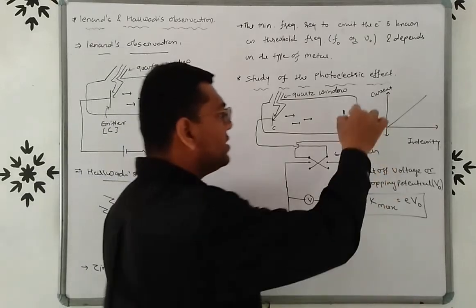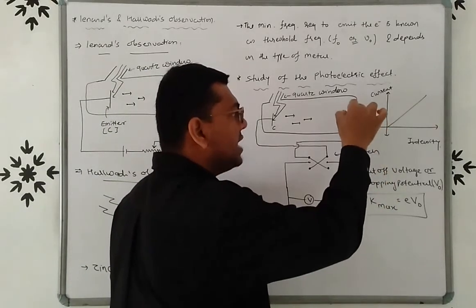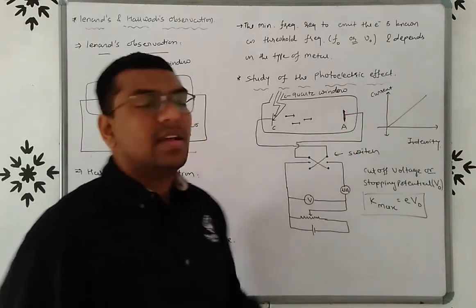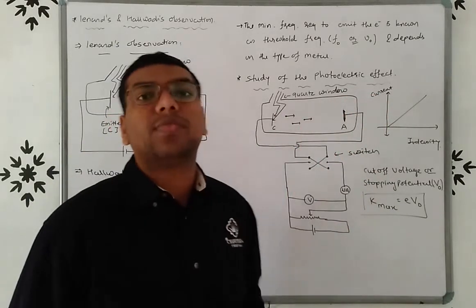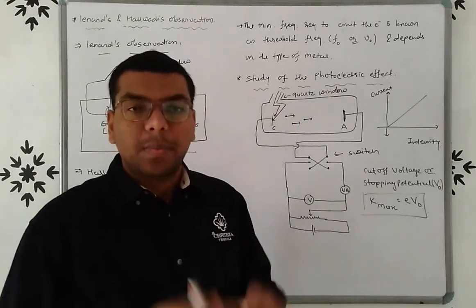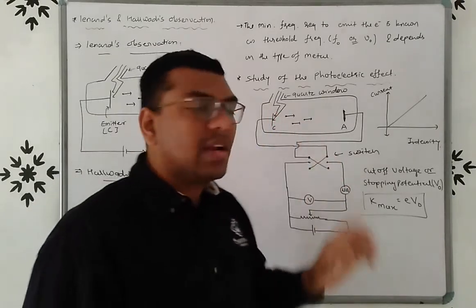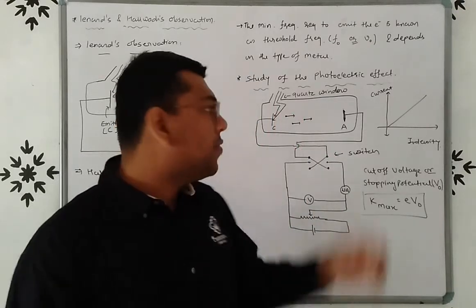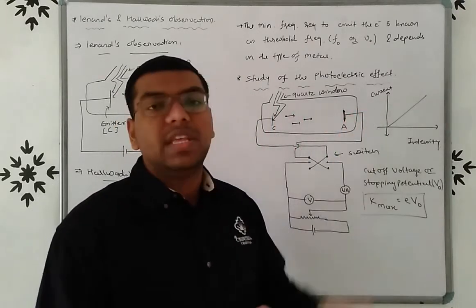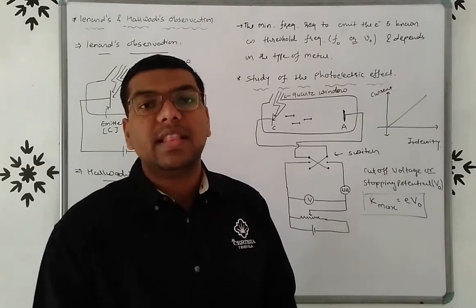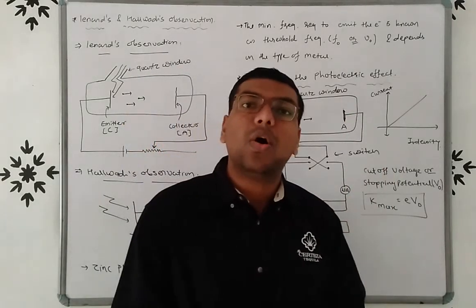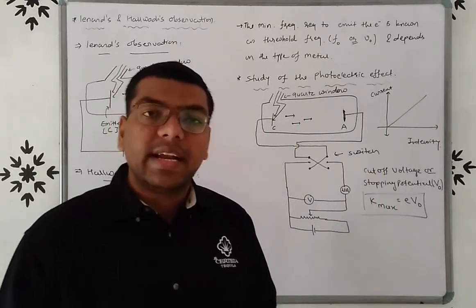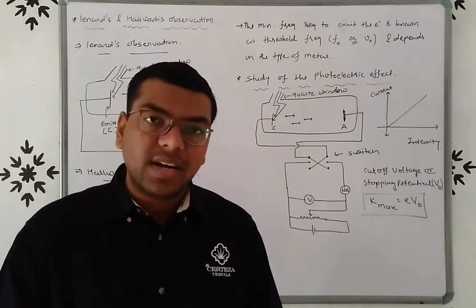Here once again see, as we increase the potential of this collector, the flow of current also increases. But when the flow of current becomes maximum, and if we increase the voltage of the collector, then at this time the flow of current does not change, and this photoelectric current is known as saturation current.